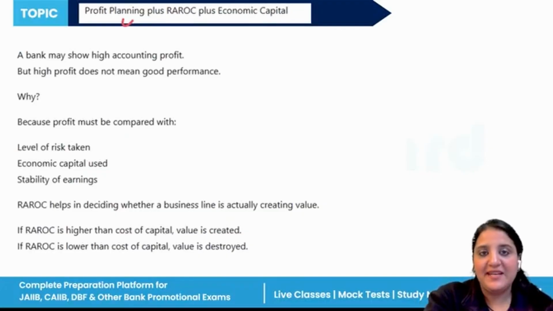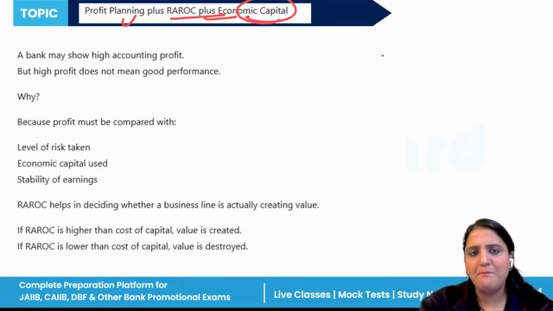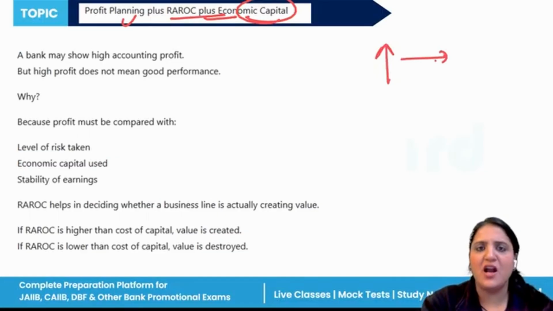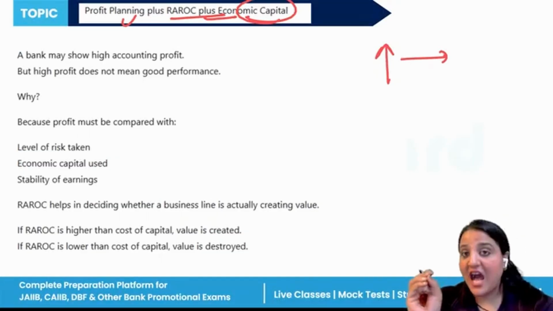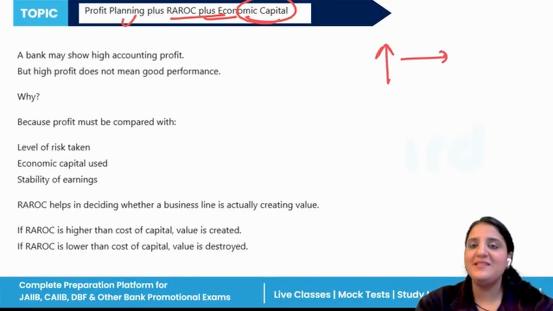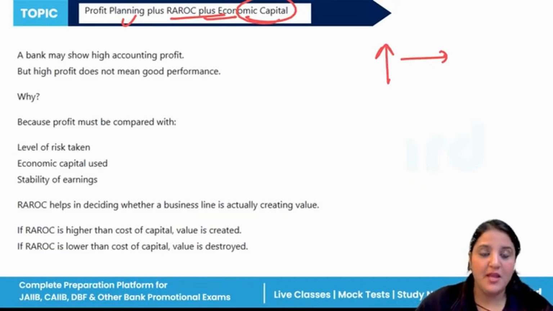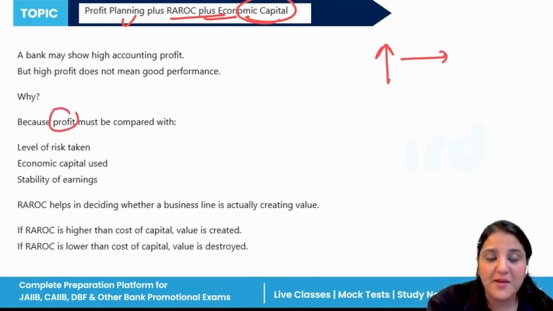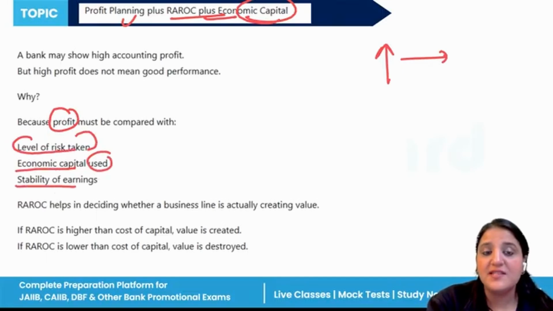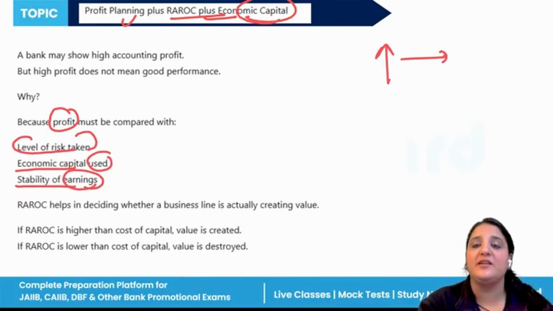Now, profit planning plus RAROC plus economic capital. A bank may show you a high accounting profit, but that high profit does not mean that everything is good. Profit is not the guarantee that everything is good in the banks, because profit must always be compared with what level of risk was taken, what economic capital was used, and what is the stability of the earning.